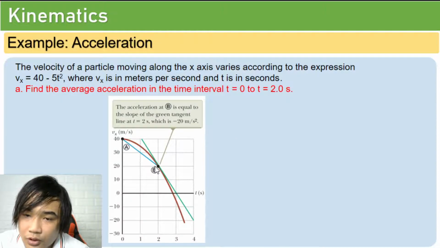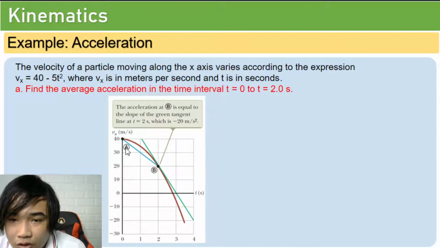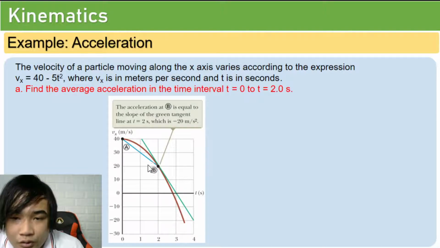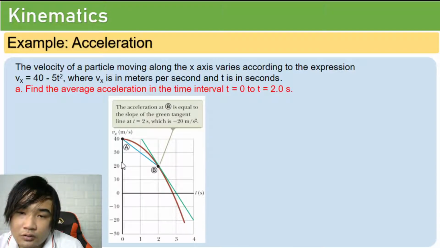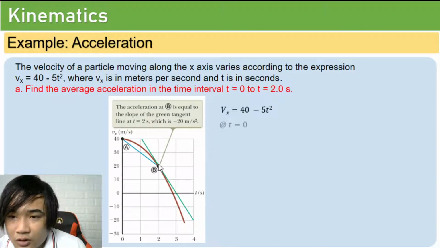This is from A to B. When we say average acceleration, that is the slope of the velocity. So just take the difference in velocity divided by the difference in time.